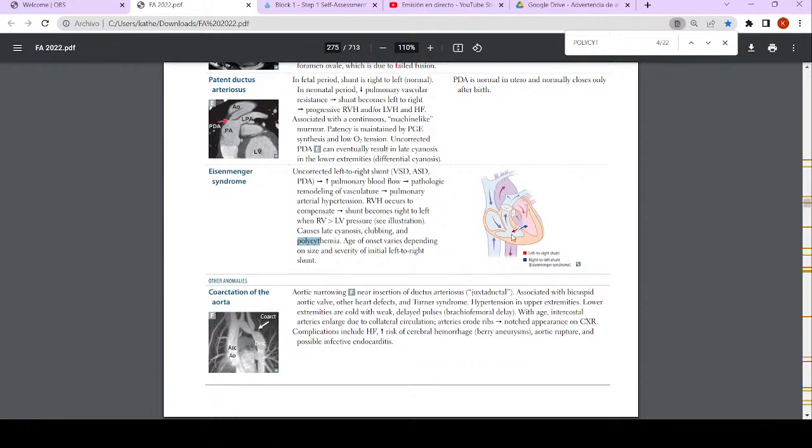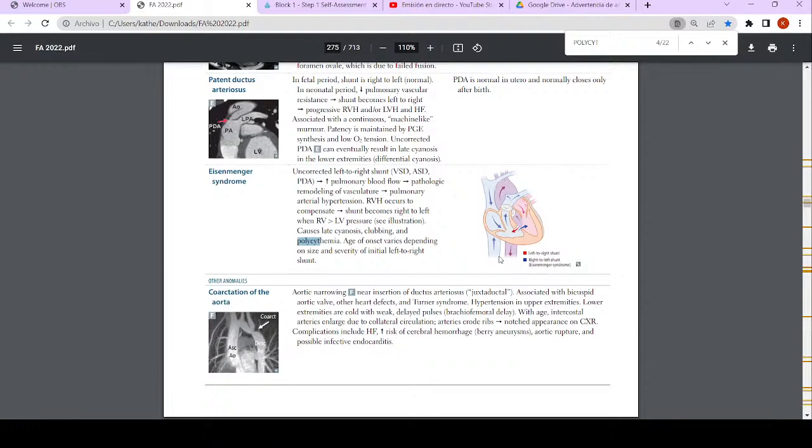First, it's a left to right shunt because of a VSD or ASD or PDA, then there is more pulmonary blood flow, pathologic remodeling of vasculature, pulmonary arterial hypertension, RVH occurs to compensate, and the shunt becomes right to left.